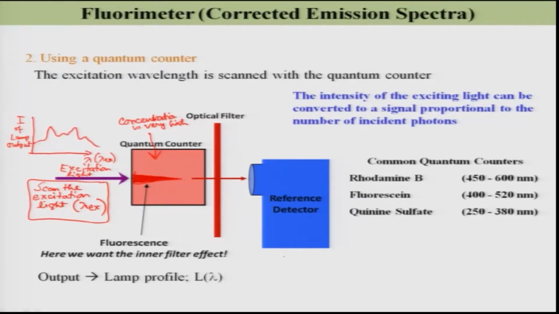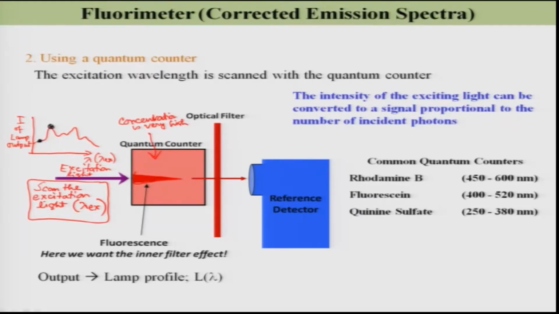When you use this lambda excitation, the total intensity observed by this quantum counter will be less compared to when you use this much intensity at this wavelength, and as you change the wavelength, the total intensity coming out of this quantum counter will vary that way, isn't it?